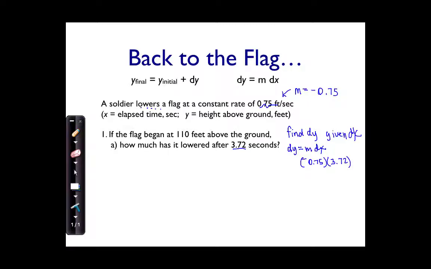I would probably say the flag lowered by whatever this comes out to be, like 3-ish feet. Feet. I don't quite know what the number is. That's not the important part here, but a high 2 point something or low 3 point something negative number of feet that it lowered during those 3.72 seconds.